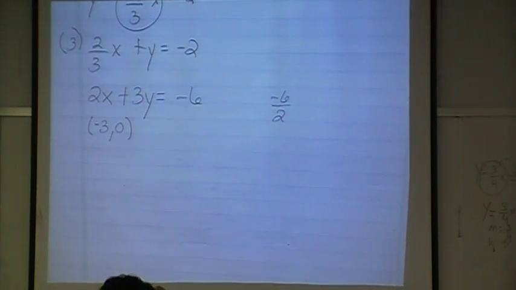Okay. So if I can go from slope-intercept to standard, wouldn't it make sense that I could go from standard to slope-intercept? Yes. Now, why would we? In standard form, I can find the x-intercept, I can find the y-intercept, I can find the slope. What else would I need to find?